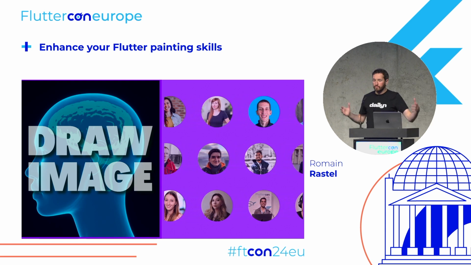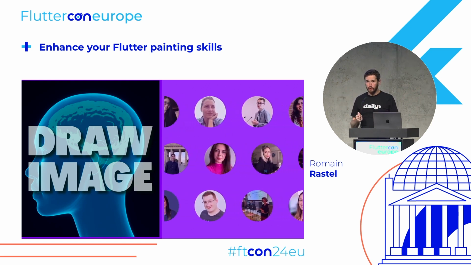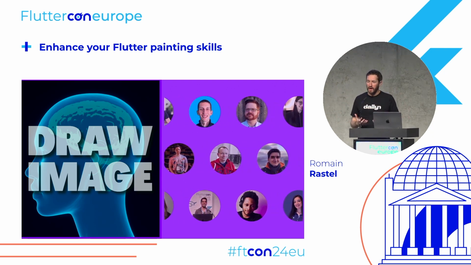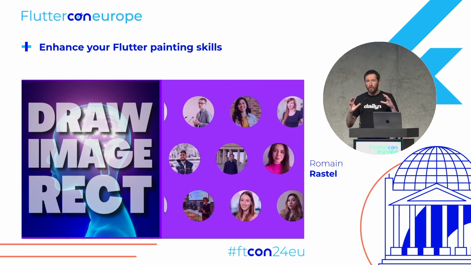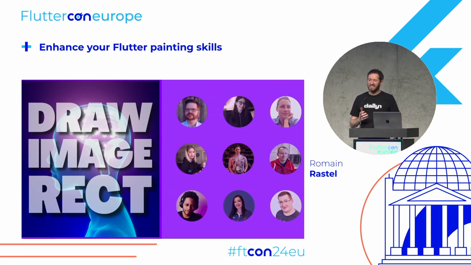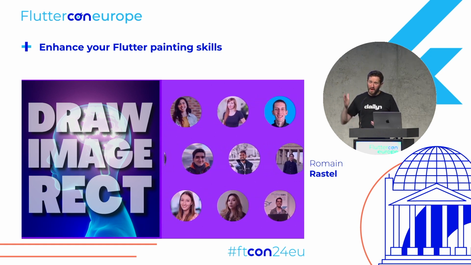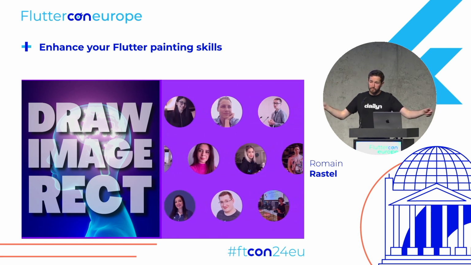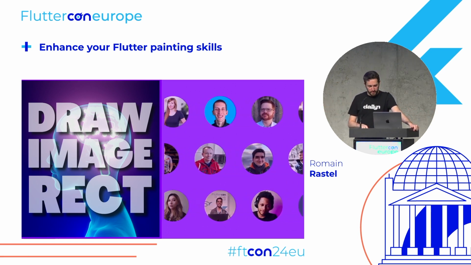But if you have one big file, like a sprite sheet in video games, where all the speakers are in the same file, then you can use drawImageRect to only draw a part of that image. But this is not very efficient because you have to call this method for every speaker. If you have a lot of speakers, like in Fluttercon, it can be not very efficient.